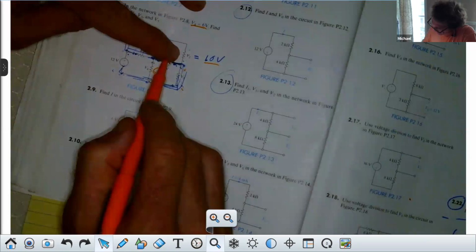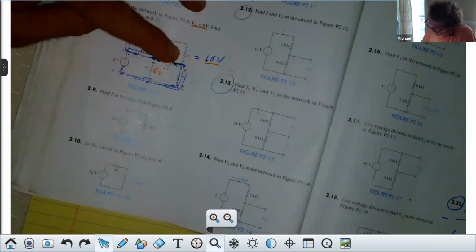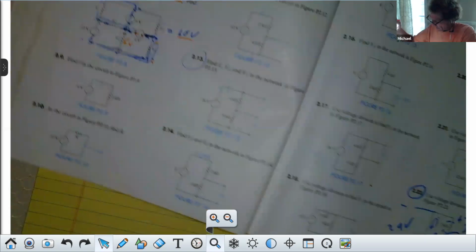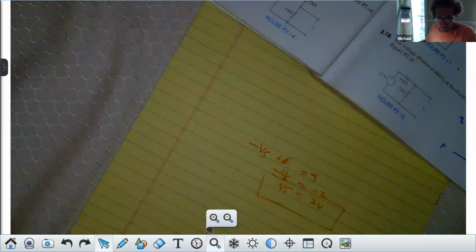Because I'm starting here, so I'd have 4 is equal to minus V5 plus 6, right? That would mean minus V5 would be equal to minus 2 volts, or V5 would be equal to 2 volts. You didn't see what I wrote, but V5 would be 2 volts.